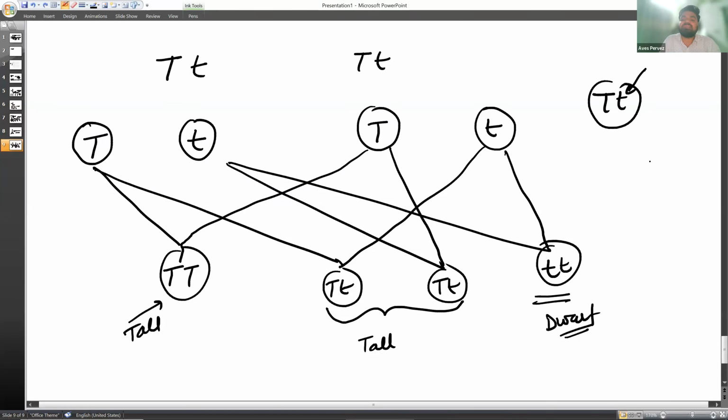Whenever the condition is satisfied for small t, we will simply say that the plant will be dwarf. Okay, so it has not forgotten its identity. Are you getting my point? The gene of dwarfness has not forgotten. It does not mean that if it starts living with this one, it has forgotten its identity of dwarfness. No. Actually, it is suppressed here.